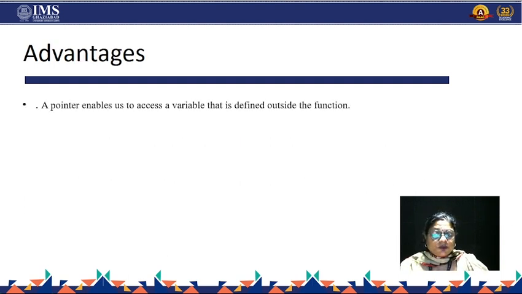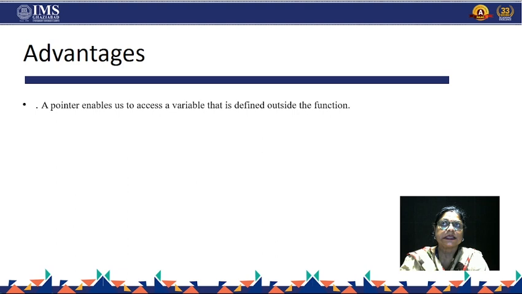Now, what are the advantages? The advantage of using a pointer is that it enables us to access a variable that is defined outside the function. That means by the use of a pointer, we can access any variable defined outside the function.